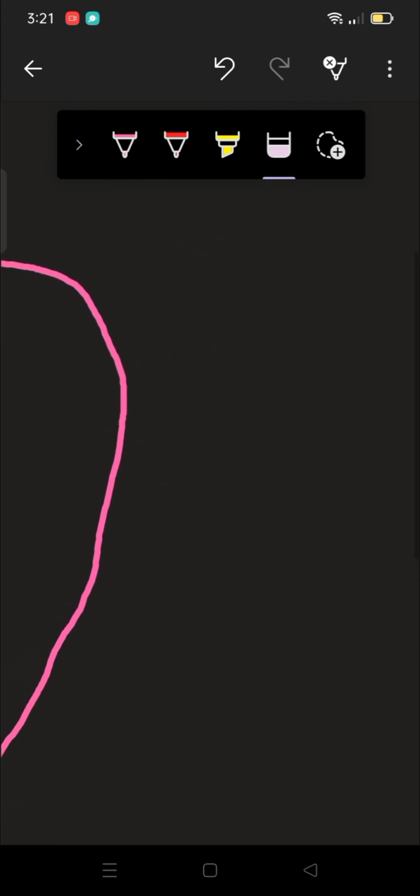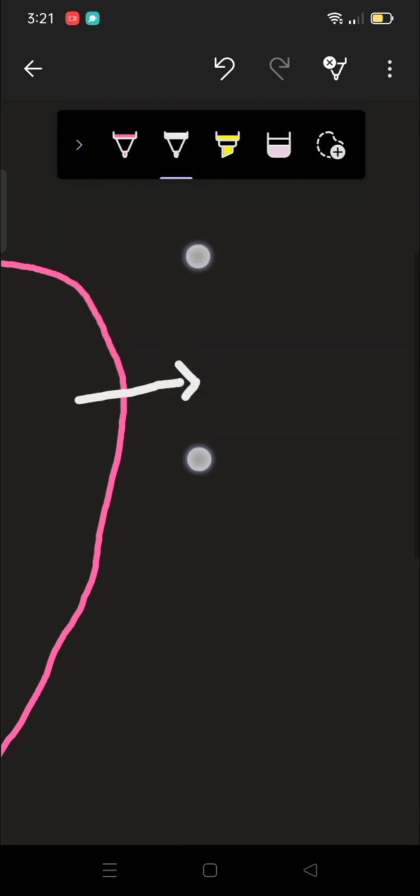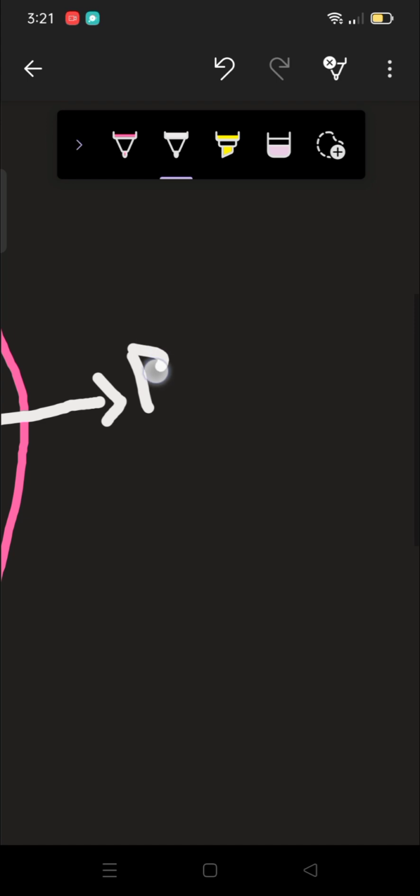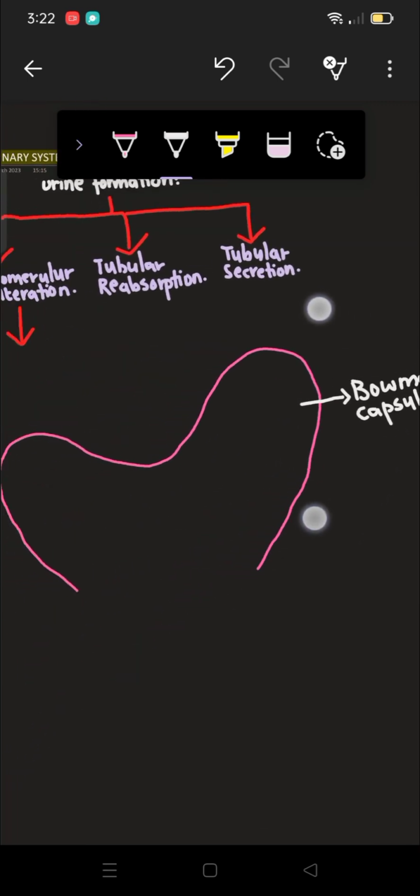I should write this with white color. Alright. So this is what? This is Bowman's capsule. This is Bowman's capsule.